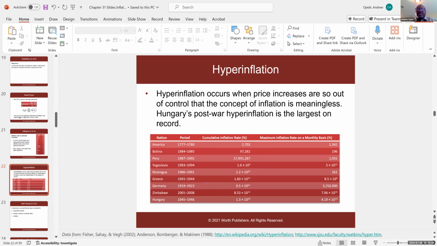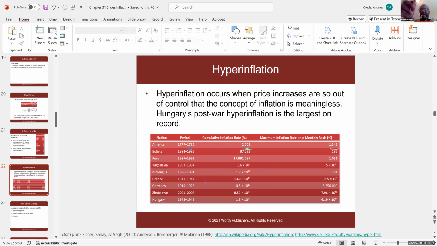The only time America had hyperinflation was way back, after we gained independence in 1776. It lasted from 1777 to 1780. Cumulative inflation in the United States was 2,702%, and the maximum monthly rate was 1,342%. But ever since then, the United States has never had any hyperinflation.